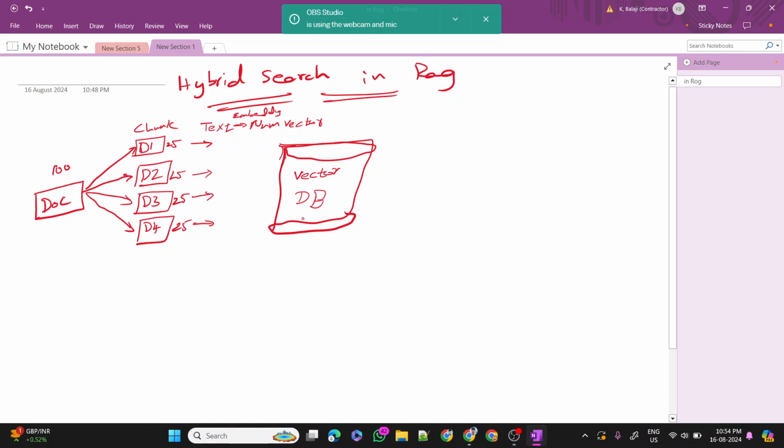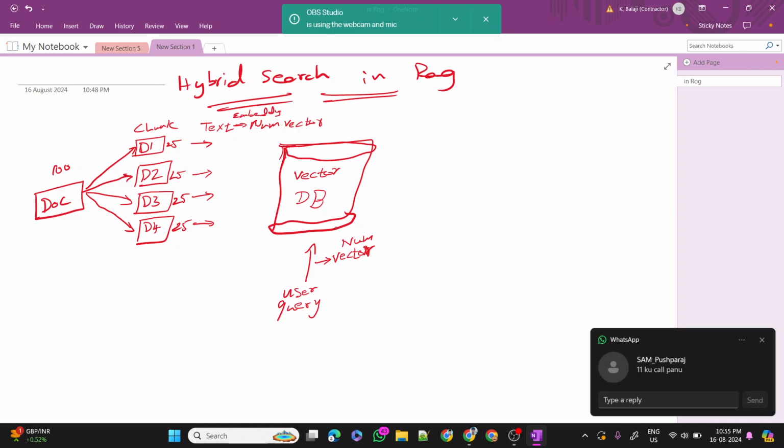If a user asks a query, this query is also converted into numerical vectors. Then these numerical vectors are compared with the data present in the vector DB.